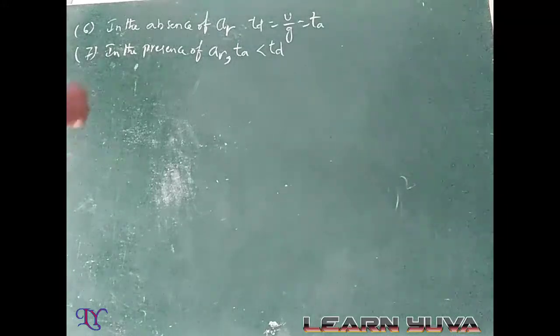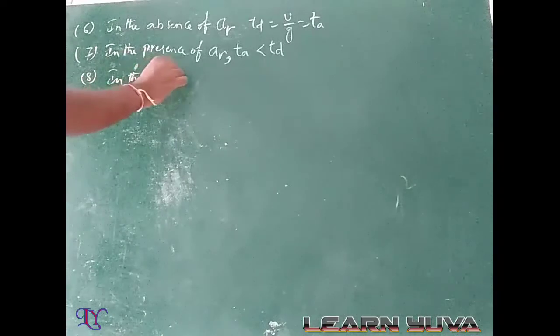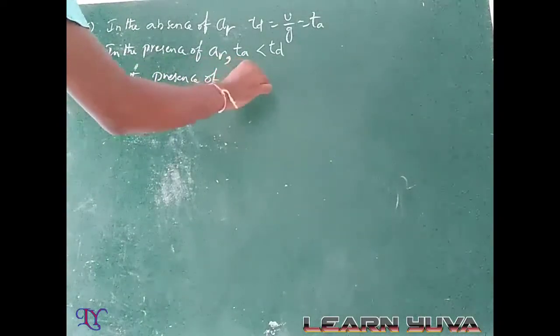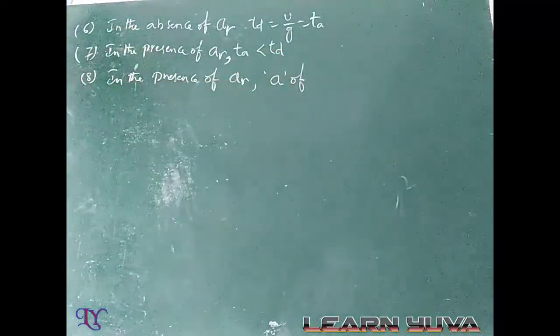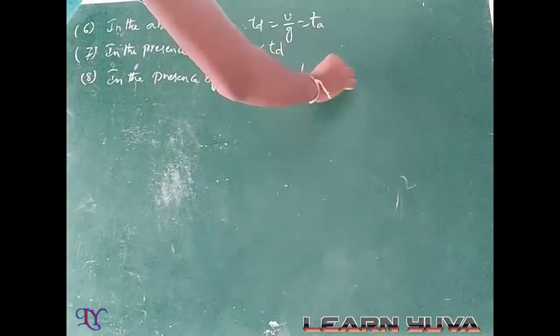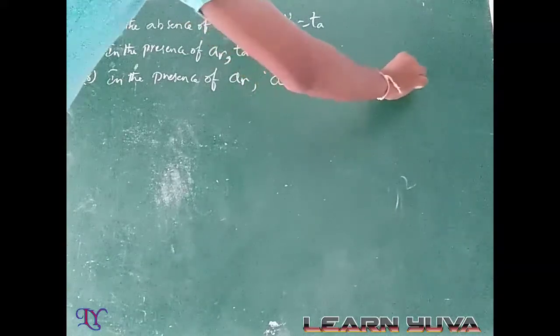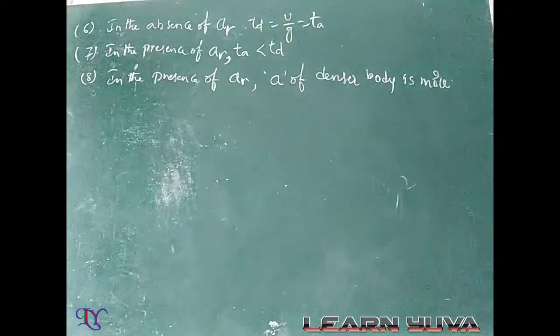And in the presence of air resistance, the acceleration of a denser body is greater. The acceleration of a denser body is more when in the presence of air resistance.